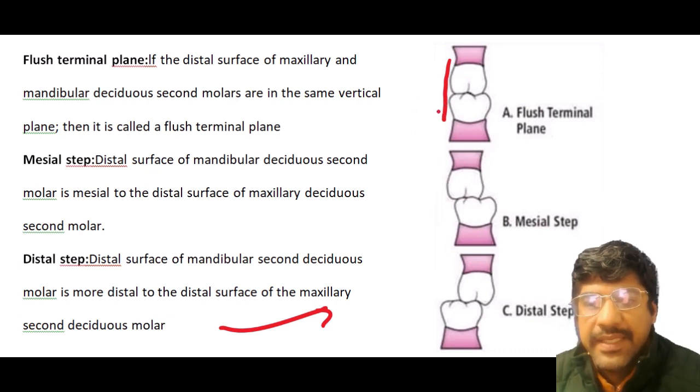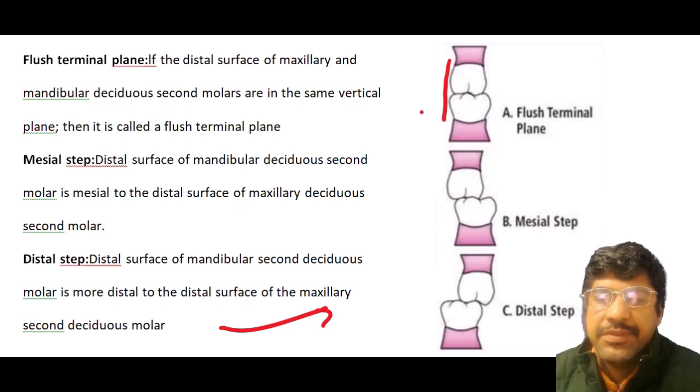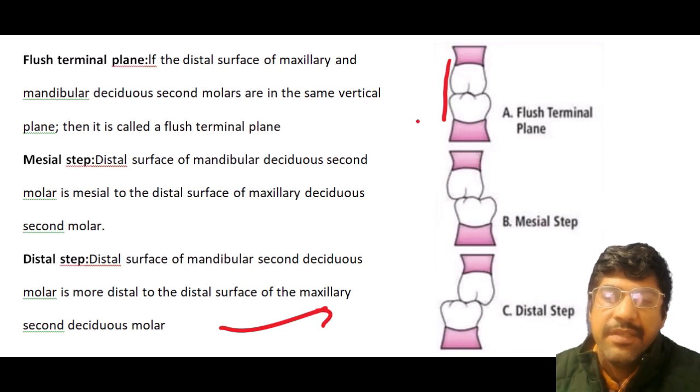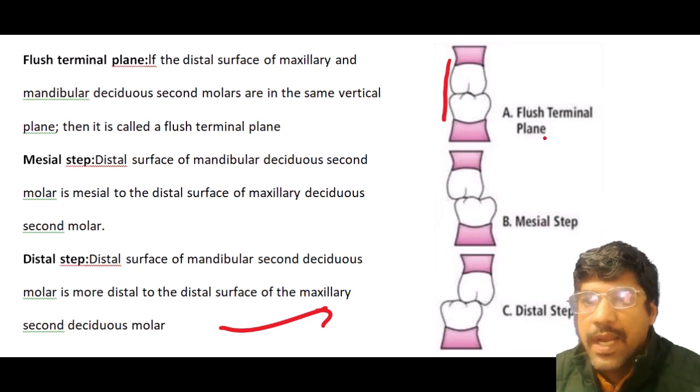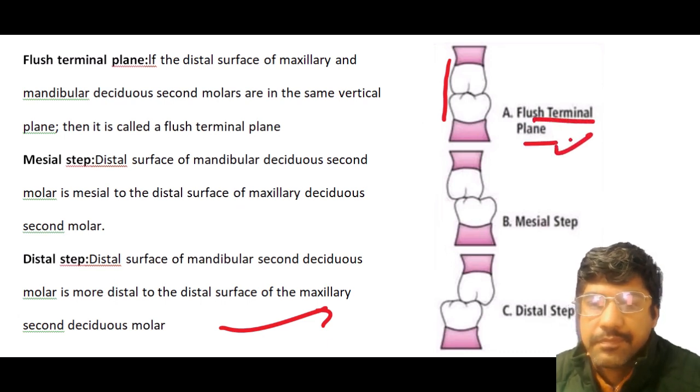This is considered a normal characteristic in the deciduous dentition. So the emerging first permanent molar may also align similarly in a flush or end-on-end plane.